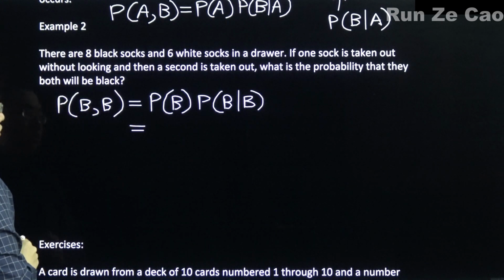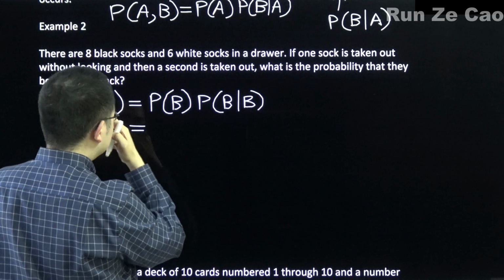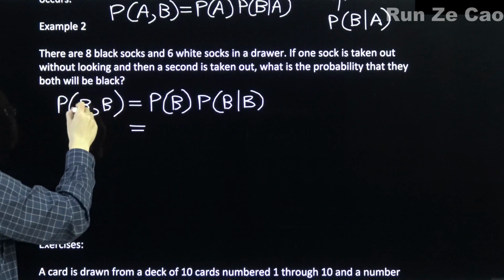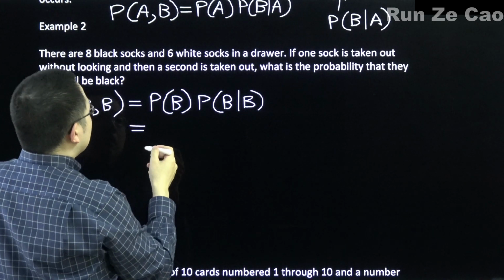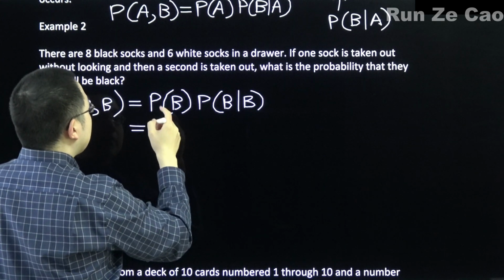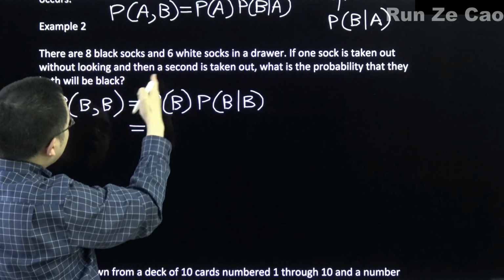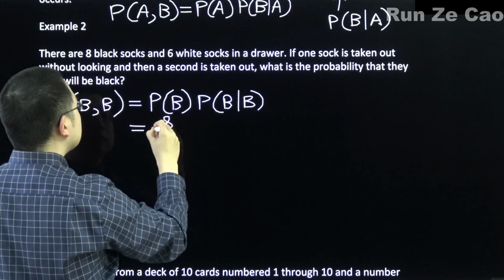You could also write B and B, like A and B up there. So, the probability that it's going to be black is 8 out of 14.